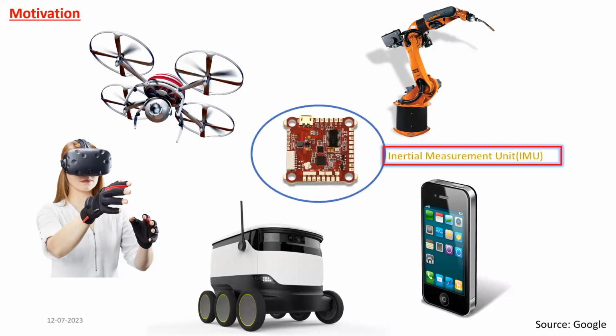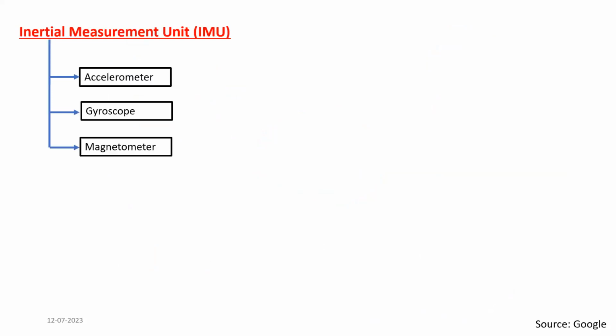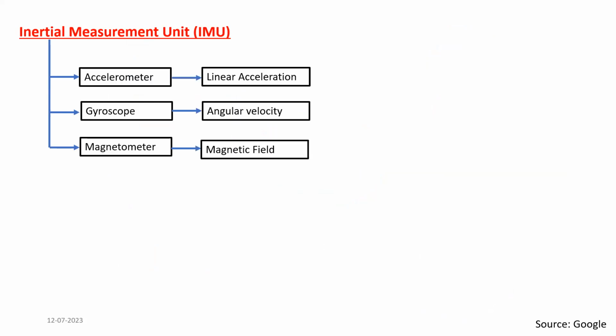All these applications mostly depend on the inertial measurement unit as the main sensor. So what types of sensors does an inertial measurement unit have? For example, accelerometer, gyroscope, and magnetometer. The accelerometer will give the linear acceleration of a body. If you connect this inertial measurement unit to any body, for example a rigid body, a drone, a mobile robot, or even your mobile, it will have an accelerometer.